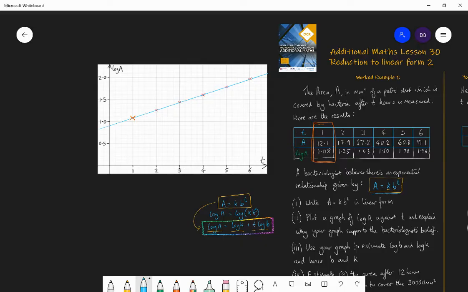So next, use your graph to estimate log B and log K, and hence B and K. All right, so this graph should have an equation.